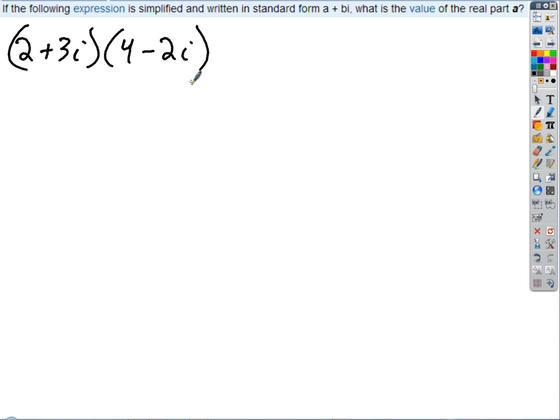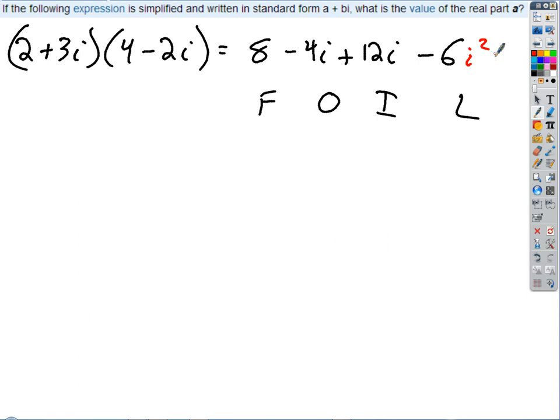If I FOIL this out, first times first gives me 8, then the product of the outer terms, the inner terms, and the product of the last terms, negative 6i squared.